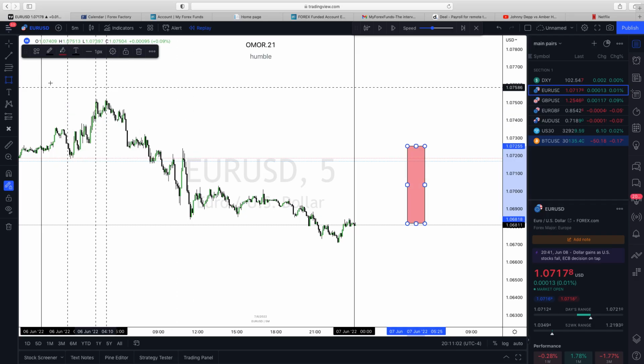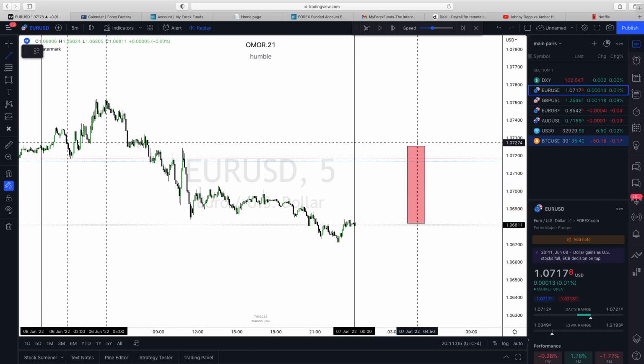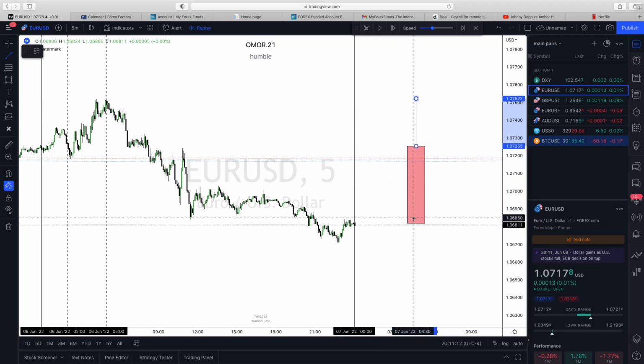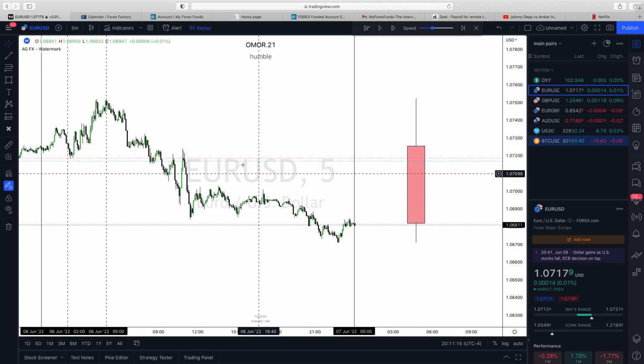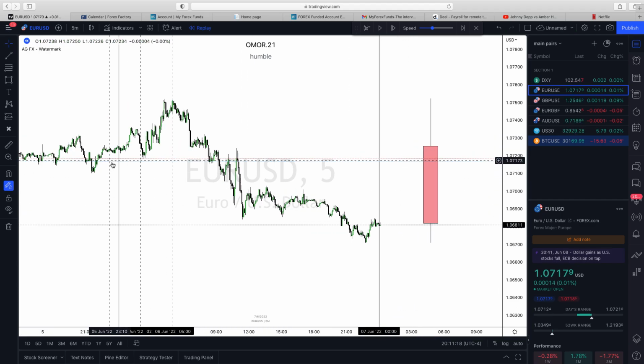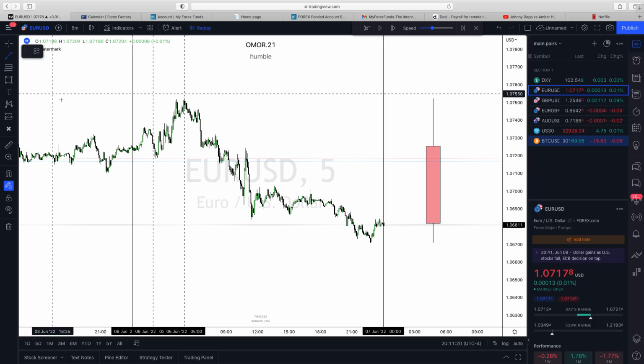Let's make this red for bearish. This is the high of the day and the low of the day.